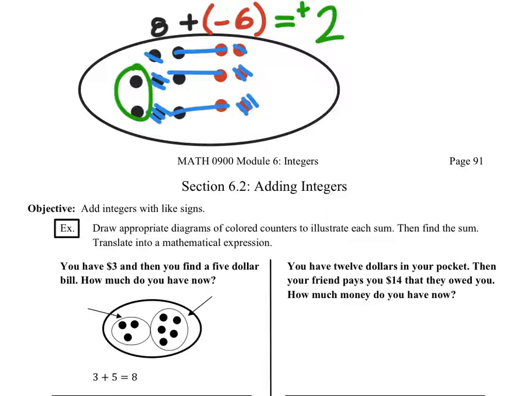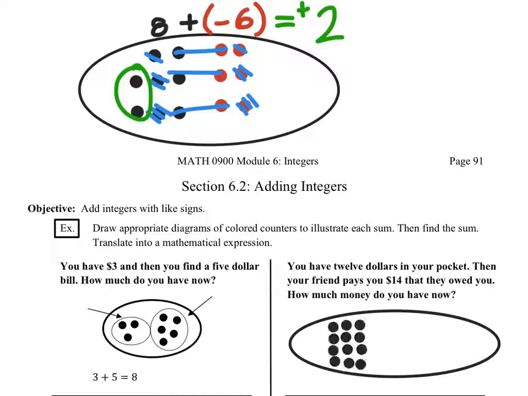So we're going to do the same thing in this next problem. You have $12 in your pocket, all right? So again, we'll show this with a diagram, which would be very nice. Something like this, right? It says you got $12 in your pocket, so I'm going to put 12 counters in this.